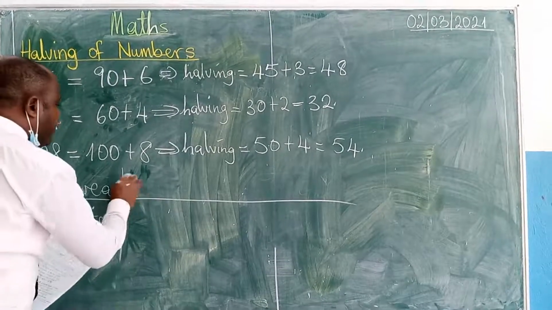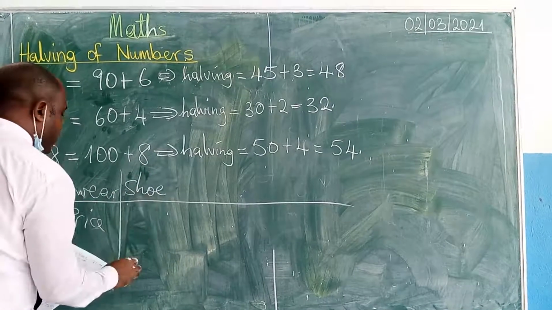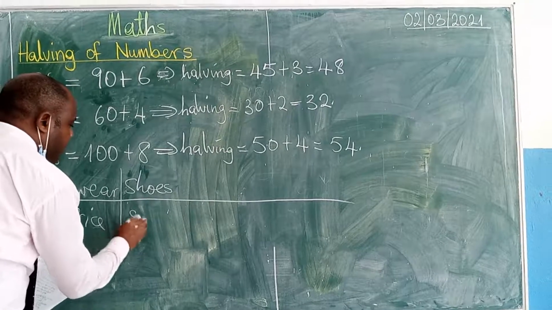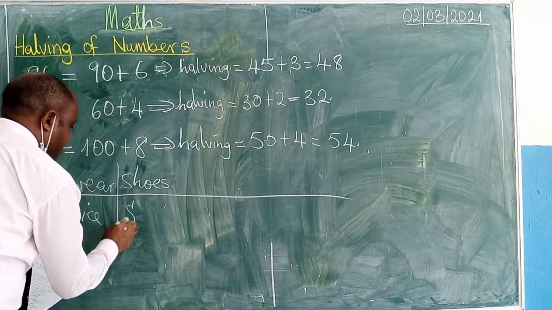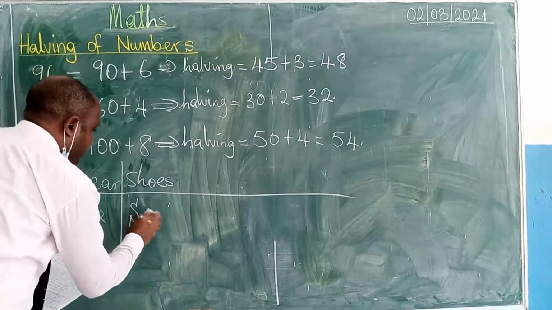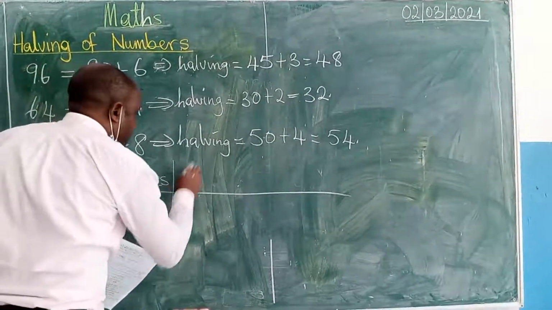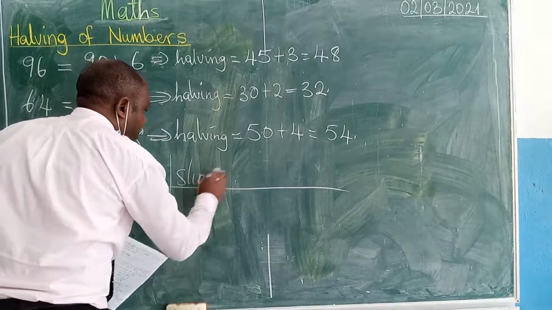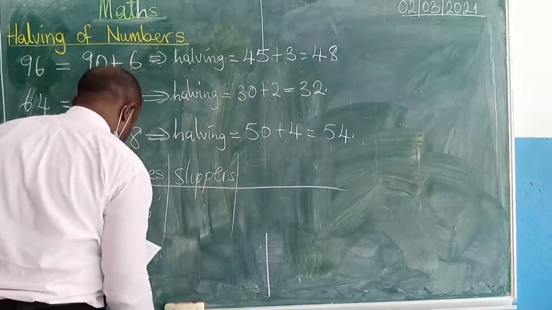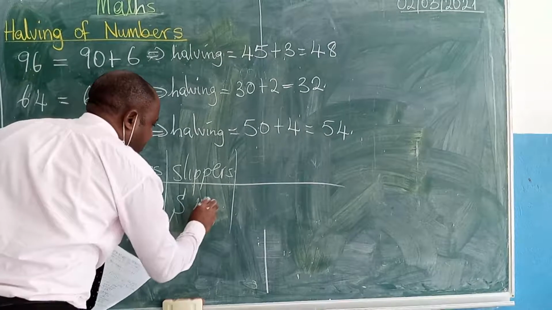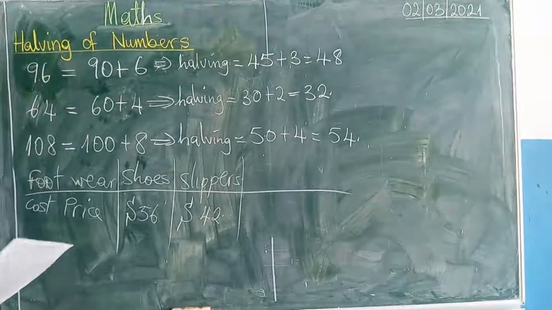The first one, shoes, is $56. The next one is slippers. It is $42. Let me end here.